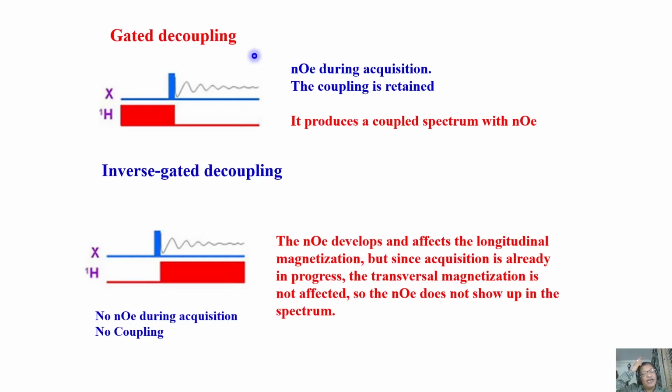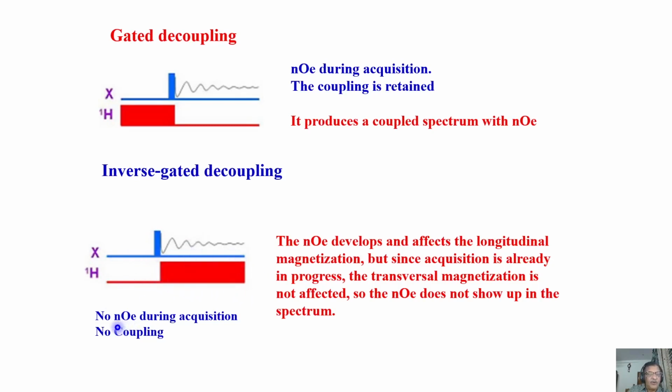Also, we can do inverse gated decoupling. What we do is apply a pulse on the proton channel, but do not apply any RF power during the relaxation time, and apply RF power only during acquisition.